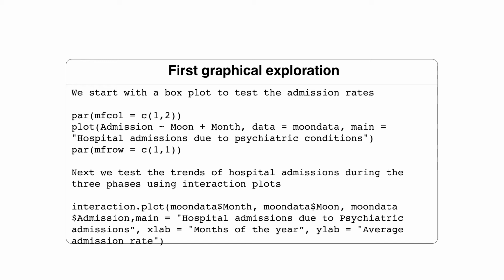Because in this particular case, we've got an outcome variable which is measured in scale, a continuous variable, and an explanatory variable which is measured in categorical units or factors. Therefore, a natural graphical way of presenting it would be by way of a box plot.